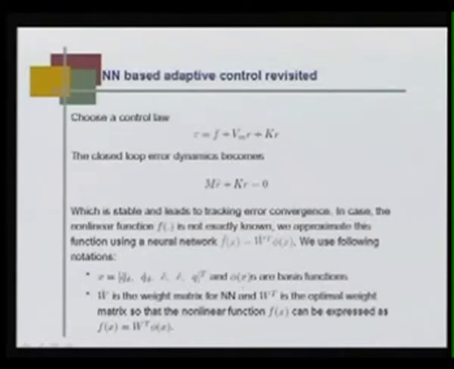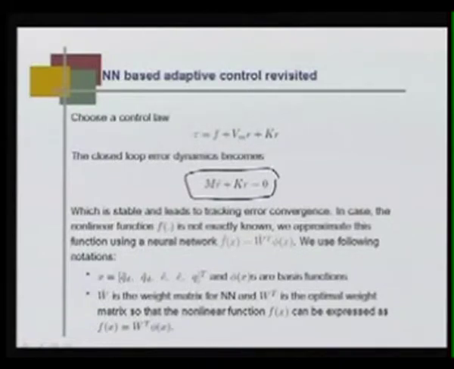If I select tau equal to f plus VMr plus Kr, the closed loop error dynamics is M r dot plus Kr equal to 0, which is stable dynamics, because M is always a positive definite matrix, provided K is properly selected. You can easily see that this is actually the computed torque control.